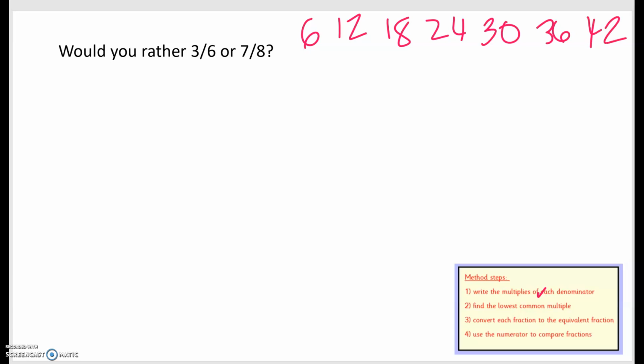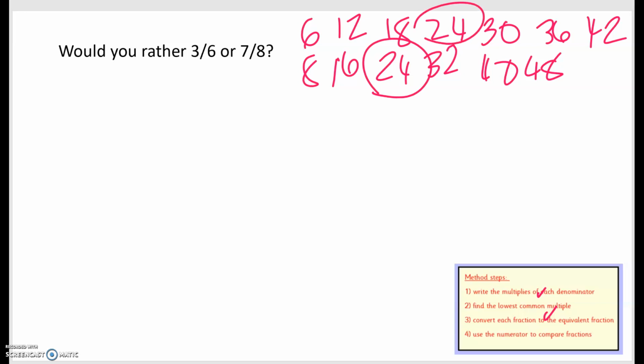That's how far I'm going to go for now. I'm going to see if I've got a lowest common multiple. So 8s: 8, 16, 24, 32, 40, 48. And I can already see for step 2, my lowest common multiple is going to be 24.